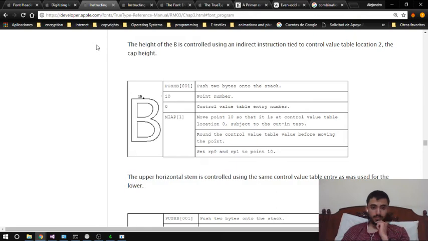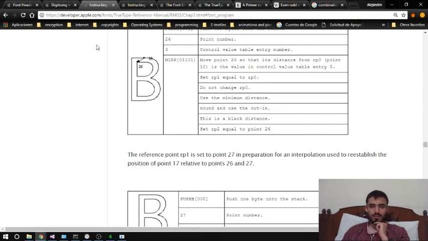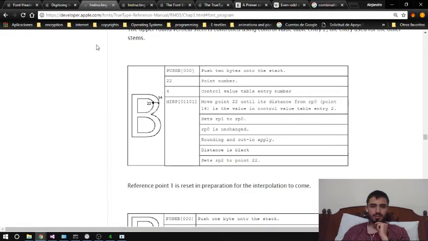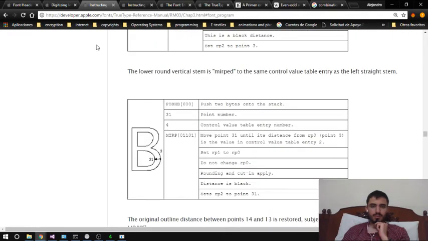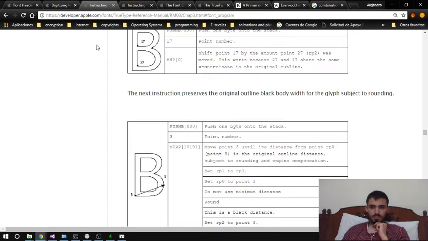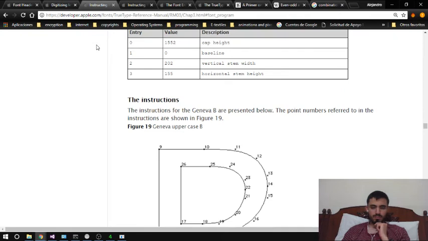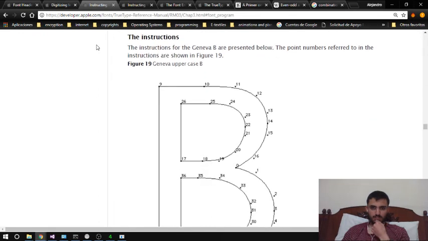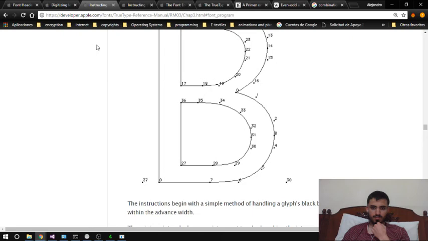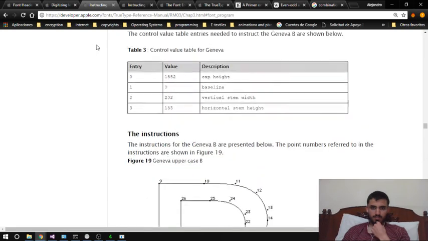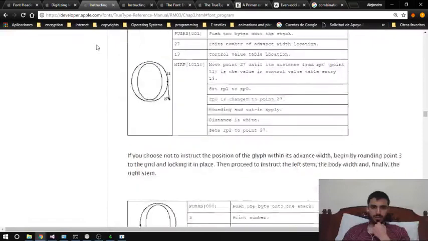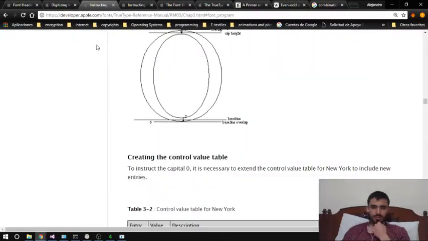Okay, here's the point movement, I guess. This is the O, so okay, the O seems simple.